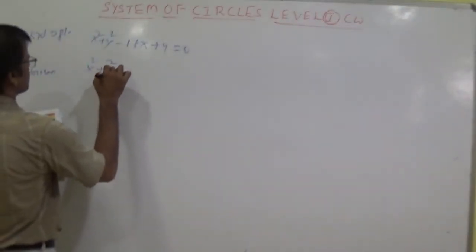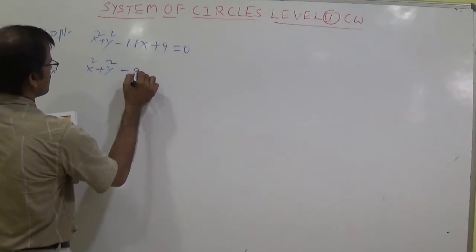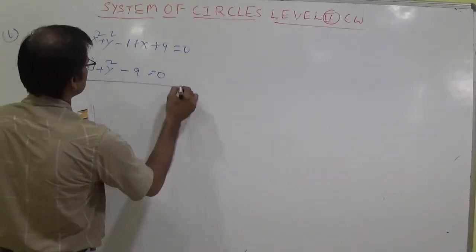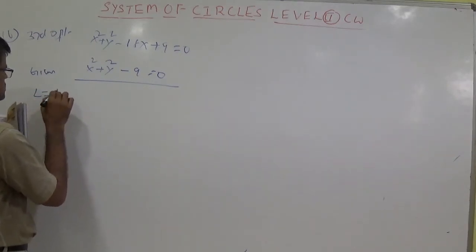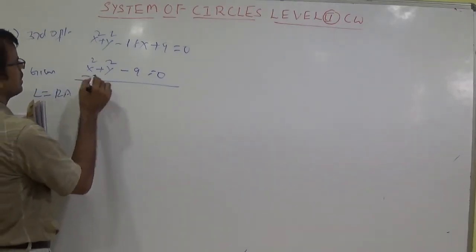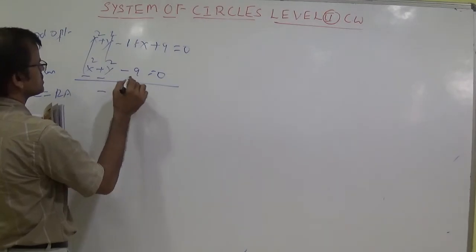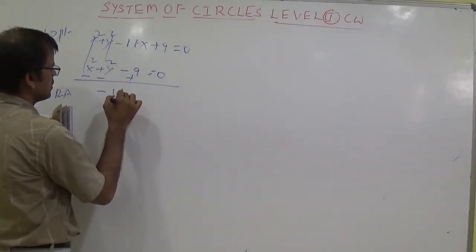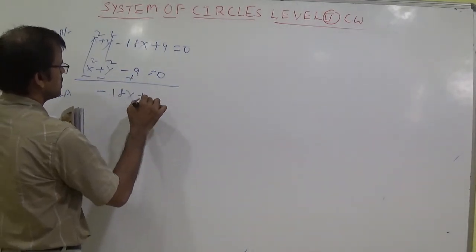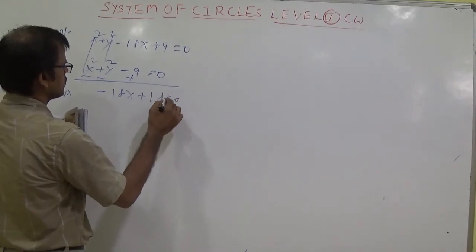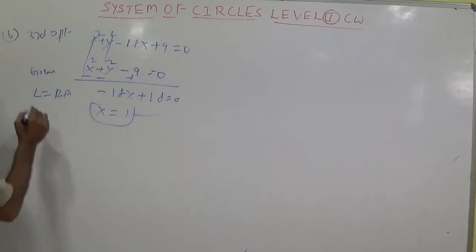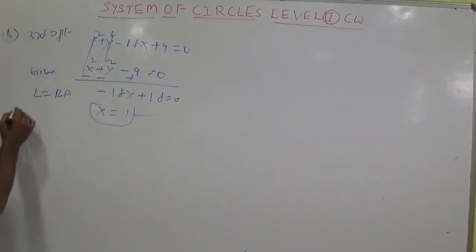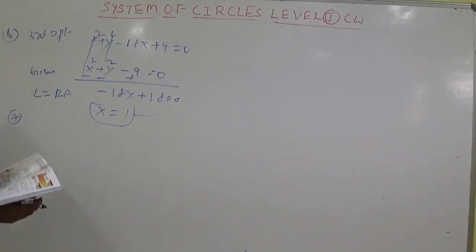The other given circle I am writing as x² + y² minus 9 equal to 0. Let us calculate the radical axis. Minus and minus will get cancelled, this becomes plus. Then you will get minus 18x plus 18 equal to 0. Then only x = 1. Simply x = 1 is the radical axis for the sixth question. Verified, third option.